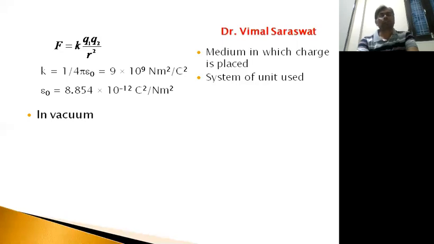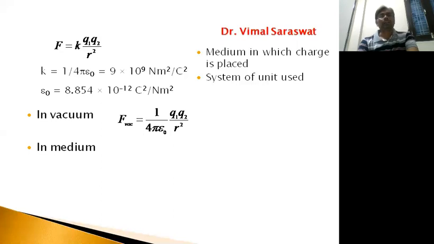Now if there is no medium, or in vacuum, the force between Q1 and Q2, F vacuum, is equal to 1 upon 4 pi epsilon naught Q1 Q2 upon r square.